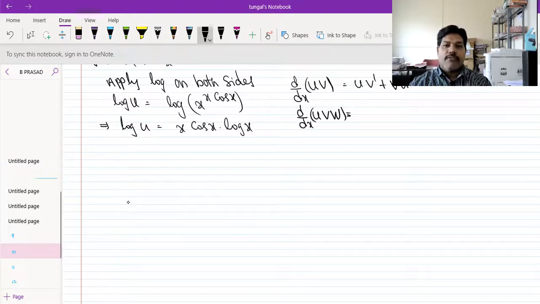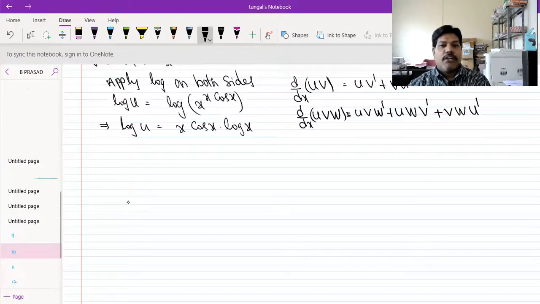So what is that? First, u and v and w dash. First, I differentiate the w. Next, u and w, I differentiate the second function, that's all. Plus, next, v and w, so I differentiate the first function.